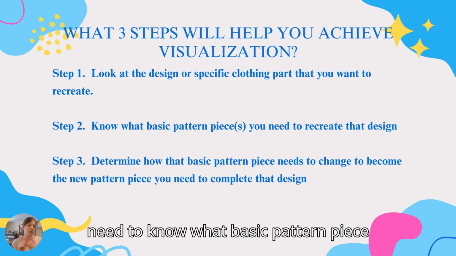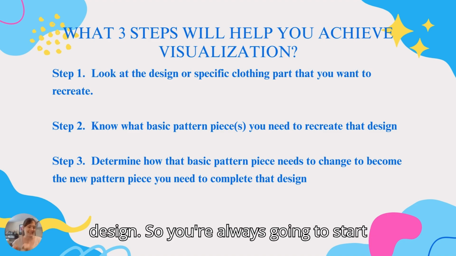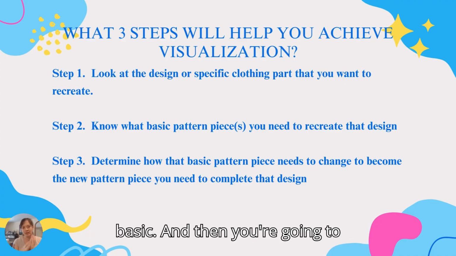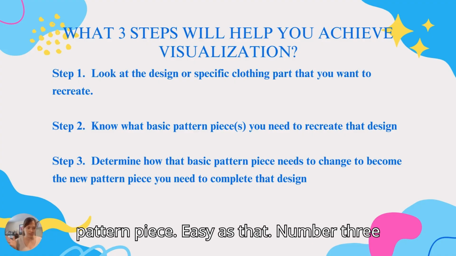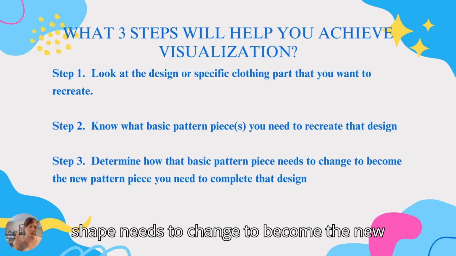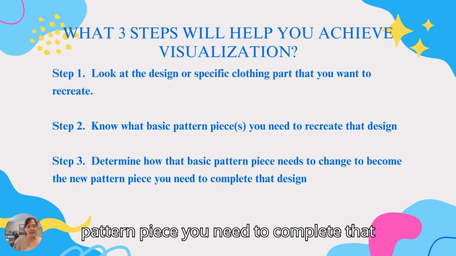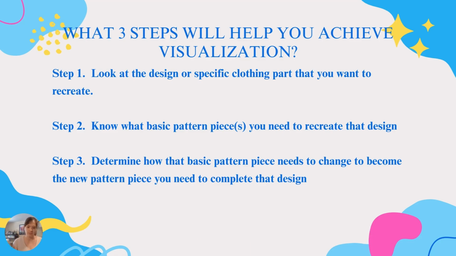Step 2, you need to know what basic pattern piece shapes you need to recreate that design. So you're always going to start basic, and then you're going to modify the basic in order to get the pattern piece. Easy as that. Number 3 is determine how that blank pattern piece shape needs to change to become the new pattern piece you need to complete that design that you started with. That's it.